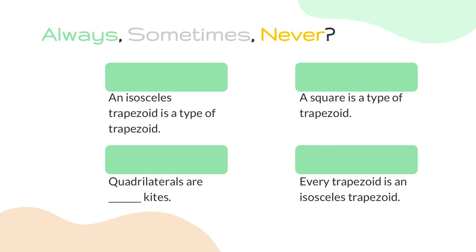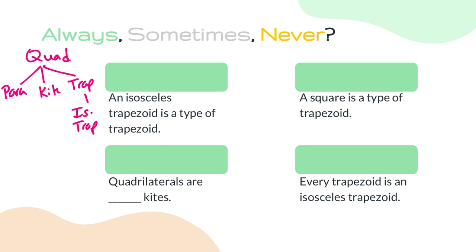So always, sometimes, never. Let's remember that we have a quadrilateral, and there are three kinds of quadrilaterals we talk about. We talk about parallelograms, we talk about a kite, we talk about a trapezoid. Specifically today, we are just looking at the kite, the trapezoid, and the isosceles trapezoid. So we're going to focus on those three.